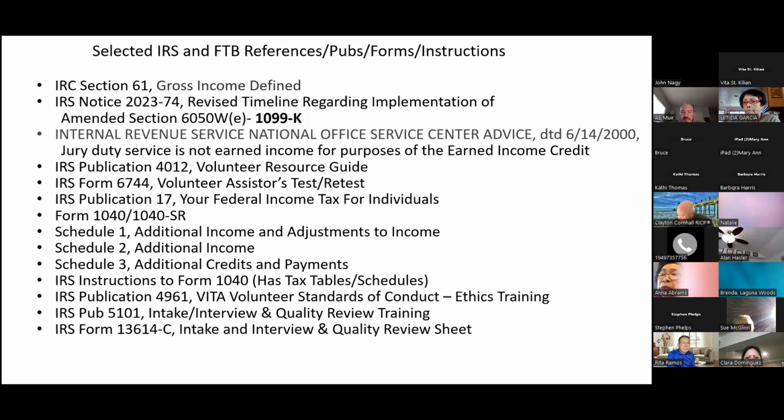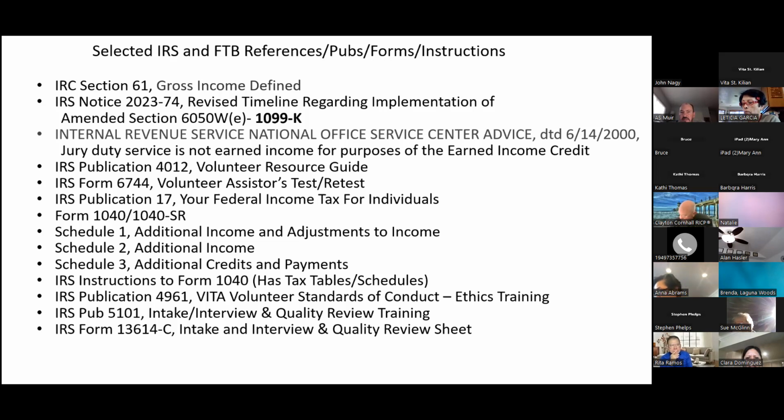The rules are changing, and those rules for tax year 2023, the current calendar year that we're in, the implementation would be the entity has to have paid a taxpayer $5,000 or more in order for a 1099-K to be issued.